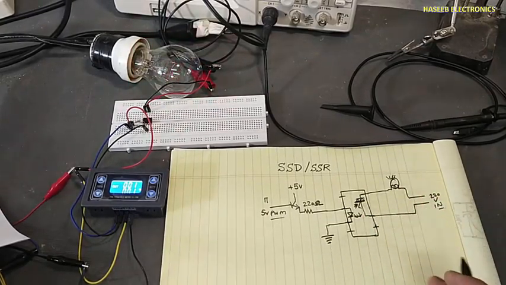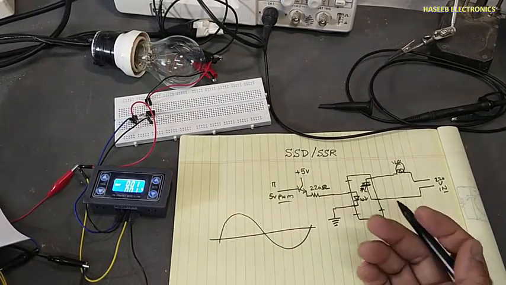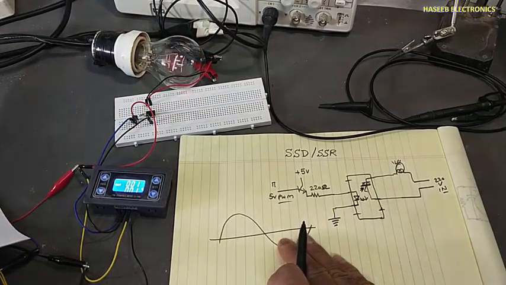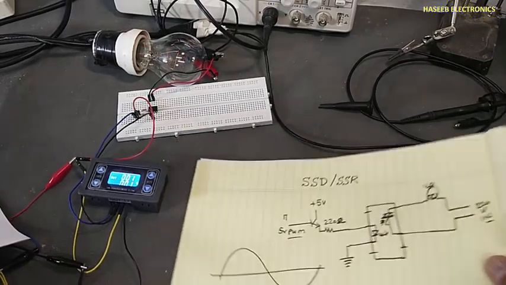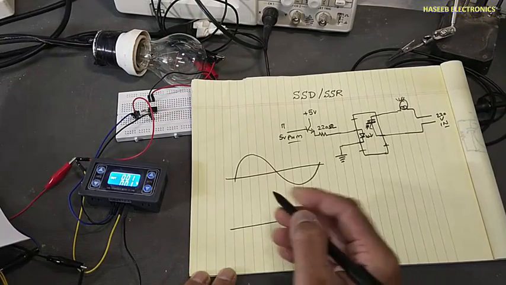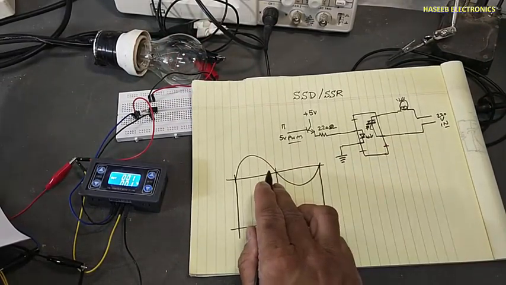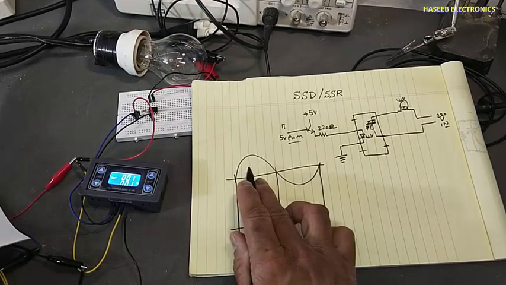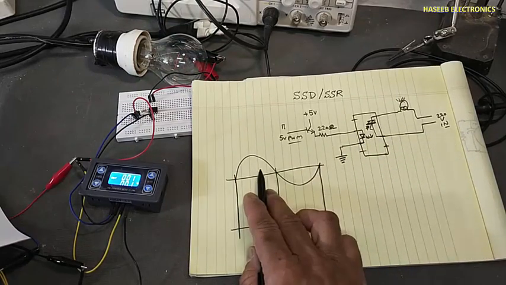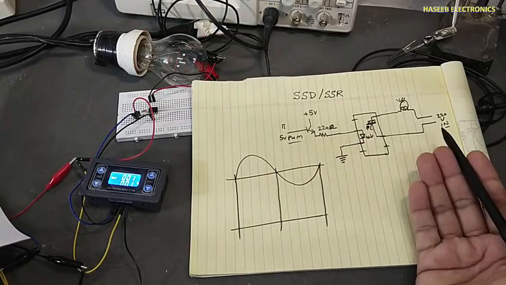How does it work? This is our sine signal. Because it is a Triac, it will switch the positive voltage and it will also switch the negative voltage. When it receives a trigger signal at any position, if we apply a drive pulse, from that point to the end of the half cycle it will switch in the output.